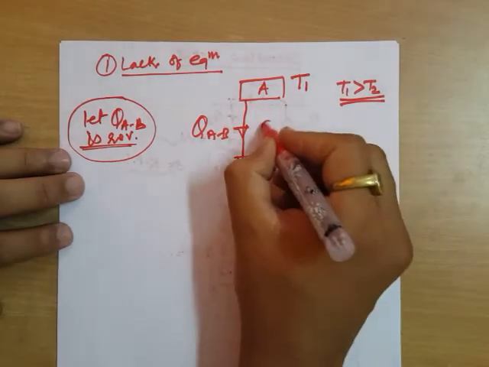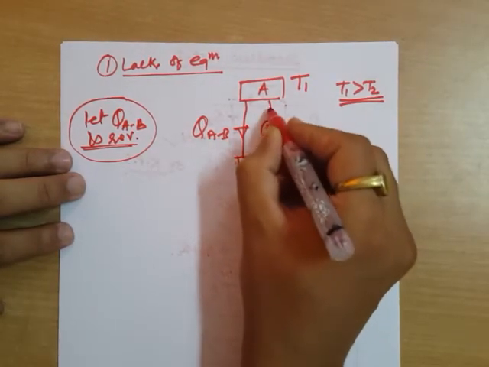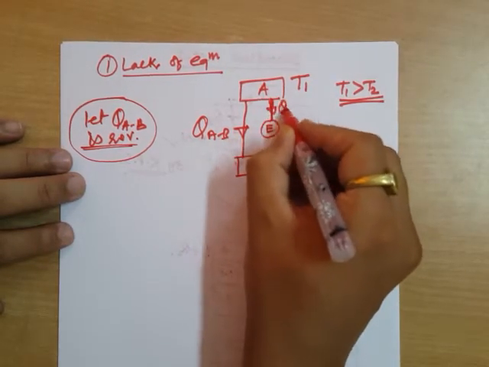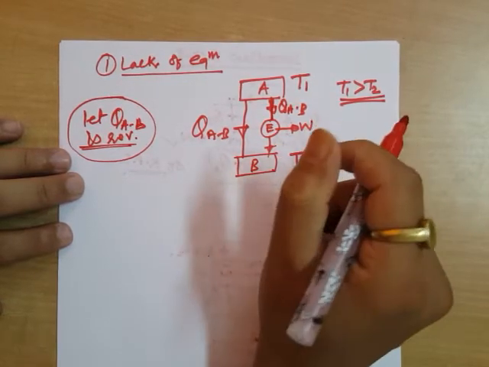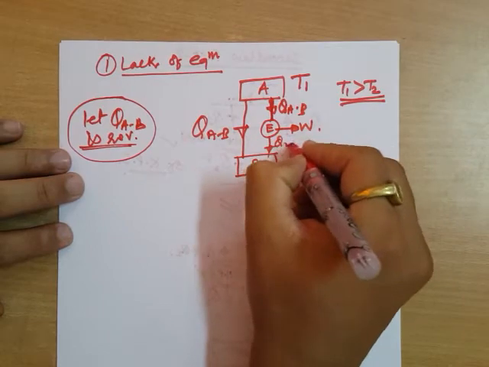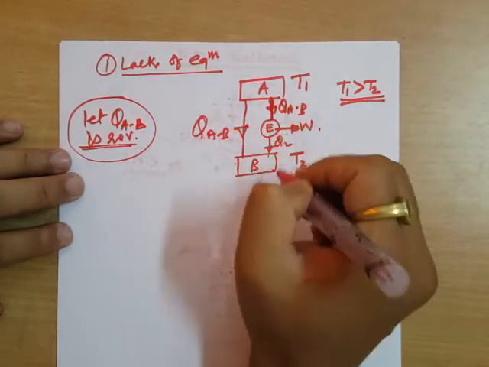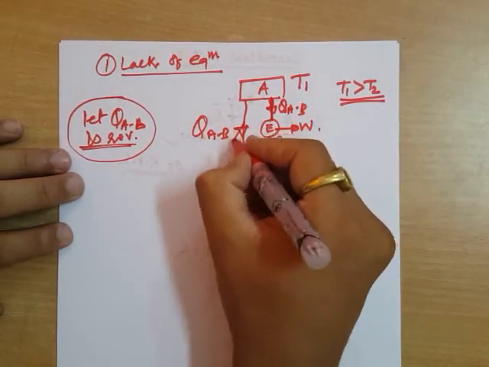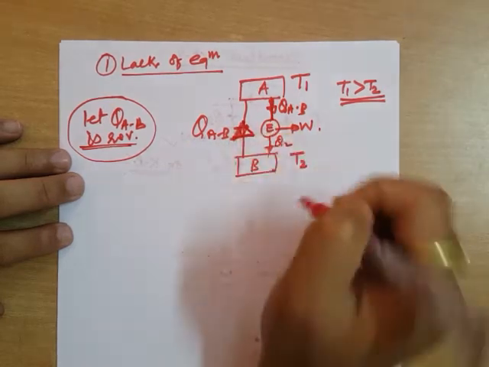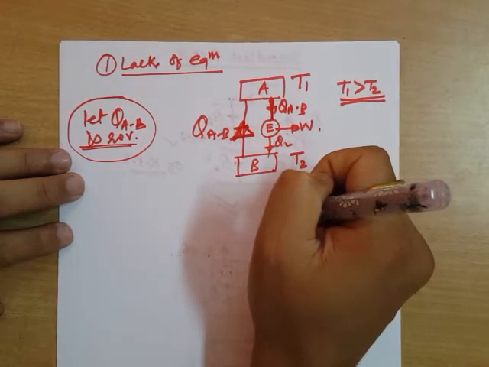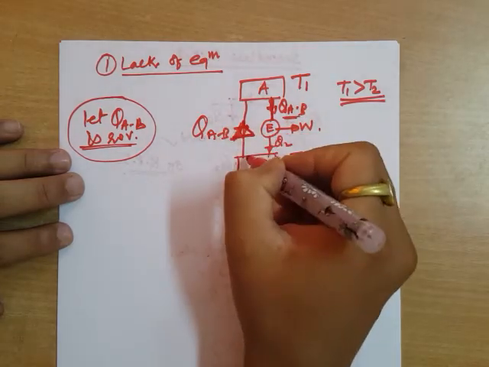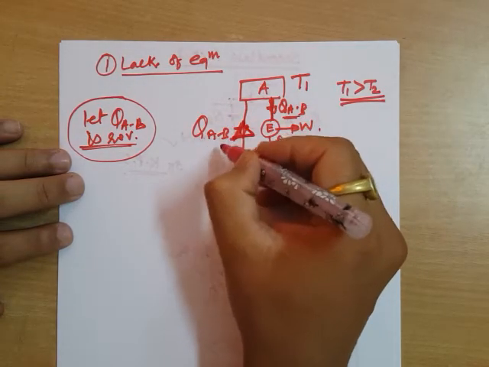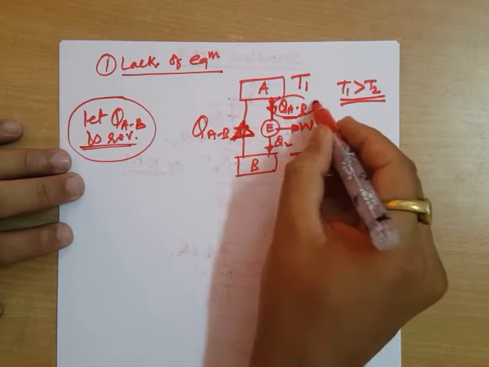Install an engine such that it takes this much amount of heat to operate in a cycle like this. Now, as this is reversible, I can reverse the direction of this. And this engine is working in such a fashion that the amount of heat, this Q_AB, is the same in magnitude as this.